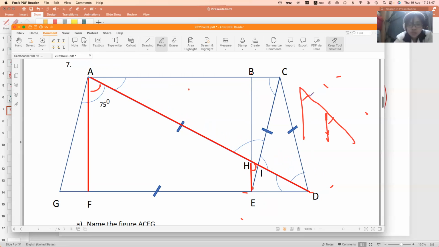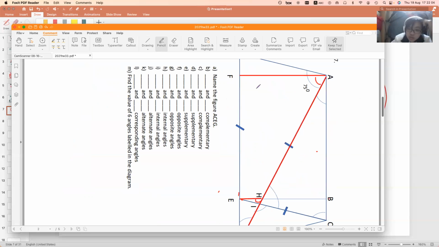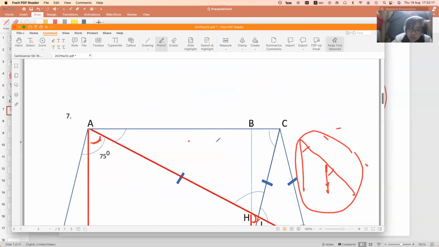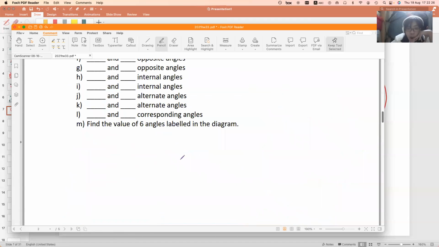Is this a F? Yes or no? Yeah, this is a F. So this angle and then this angle. Okay. One more F. Is it just one F or two F? I mean, my question is one corresponding, one only.